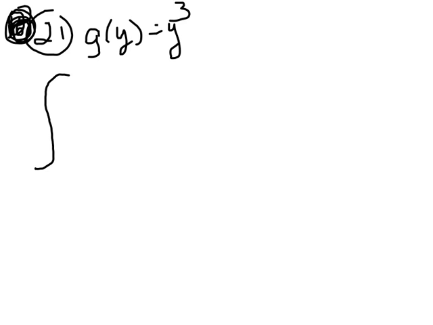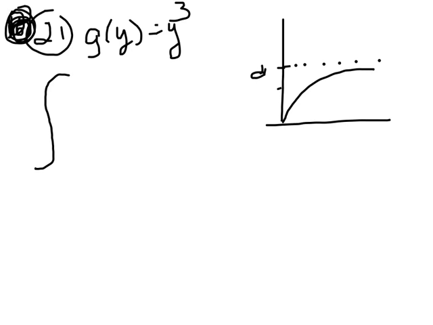So 21, they tell us g of y is equal to y cubed. And look at where they put the area here. It's not shaded in underneath the curve, is it? Here's the curve. It goes up to 2, and it's like they went across here, and they shaded in this right here.